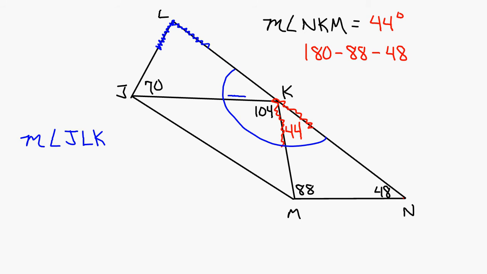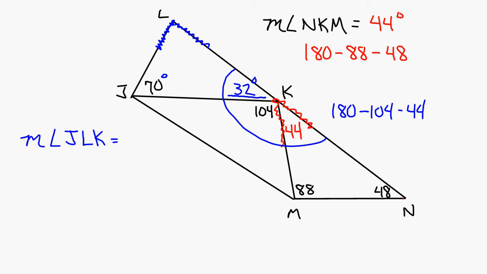So you could find this angle measure right here by doing 180 minus 104 minus 44. And what is it? This angle is 32. So now you know two angles in a triangle.